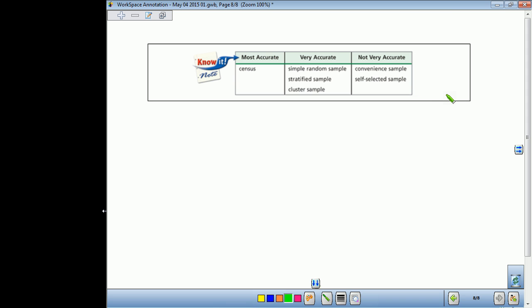Now, with the self-selected sample, usually somebody is just overly excited and you get something awesome, or they're completely irritated and you get something terrible. Most of the just average aren't going to self-select unless there's a reward like a free chicken sandwich.